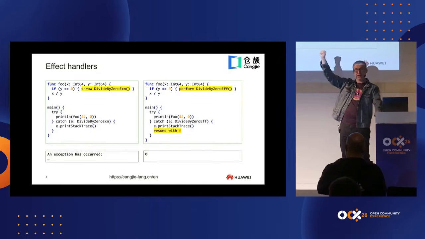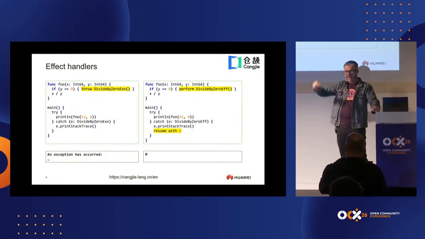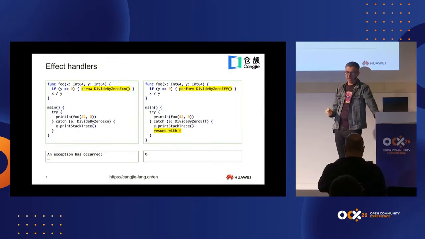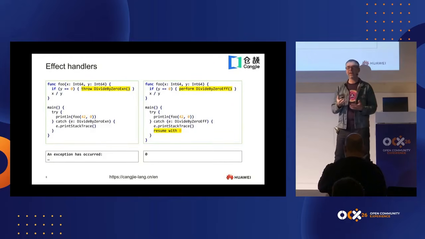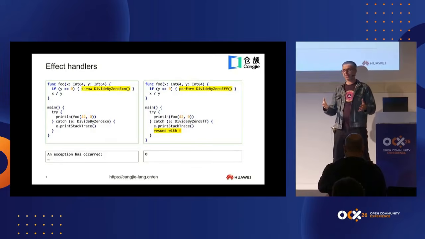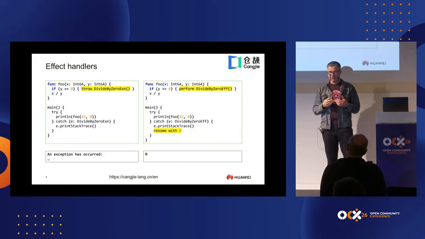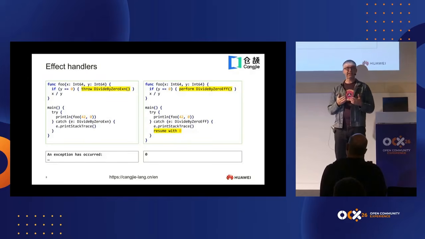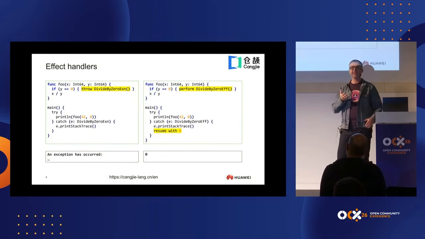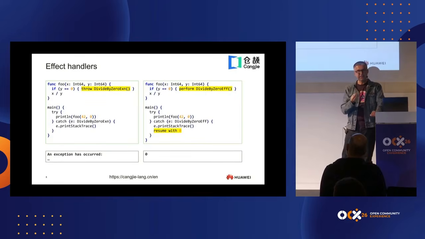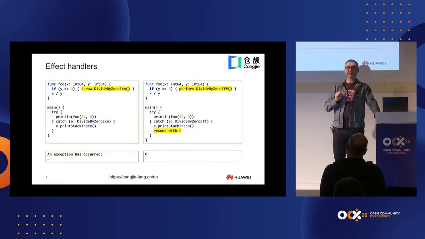So you throw it into the context. It's going to be caught by some handler which is up in the context, and then the only thing that the handler can do with a normal exception is to find a way to exit that error situation gracefully, clean up and exit. Now, effect handlers are different because they give the context the ability to actually deal with that problem, deal with that situation, and then continue as if nothing happened.